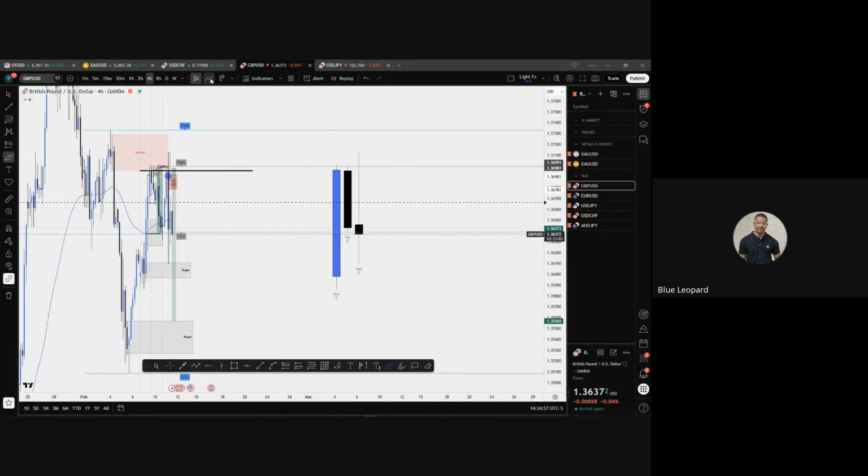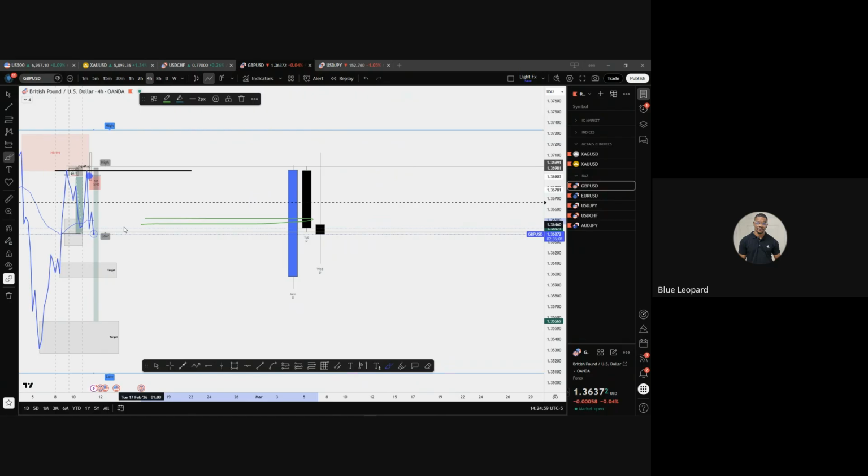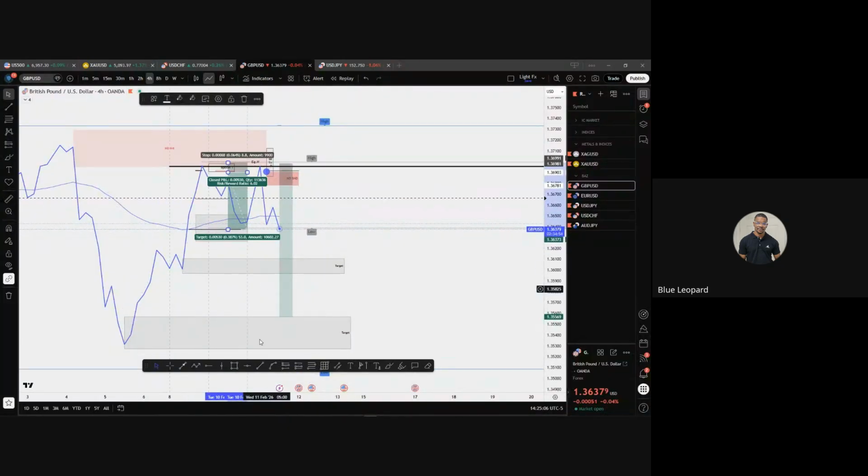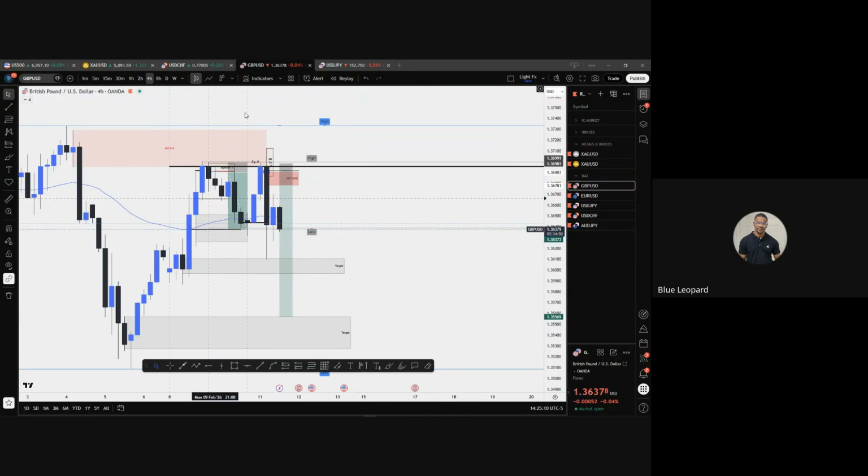When you go on a line chart, you see, we already have a breakout structure here. So I know price is going down, okay? So I can protect my stop loss here. And if price comes and takes me out, no problem. I will just wait for it to drop again and put a sell stop, and we can continue, okay?